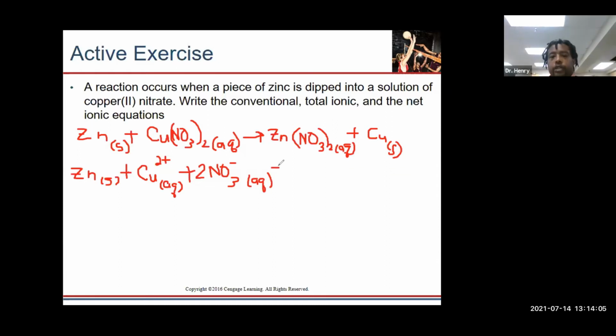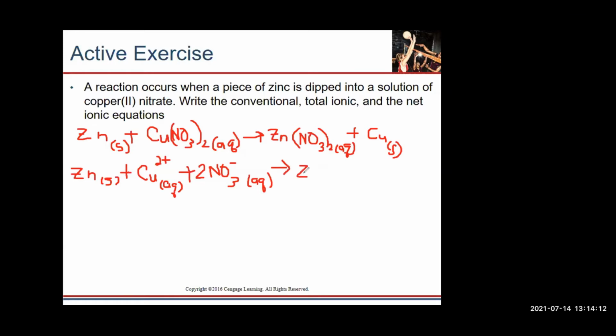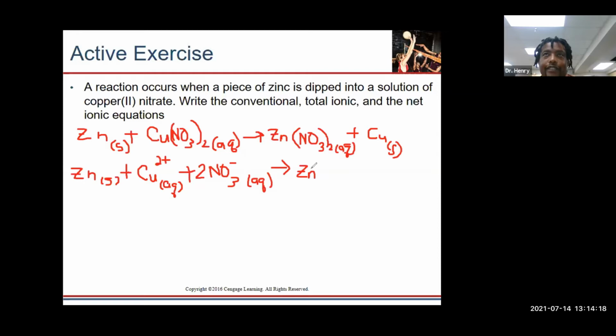Okay. And that's going to make Zn. Would that be a solid or an aqueous? Aqueous, right? Because it's all together. So it's aqueous, so it'd be Zn 2 plus, and that's aqueous.